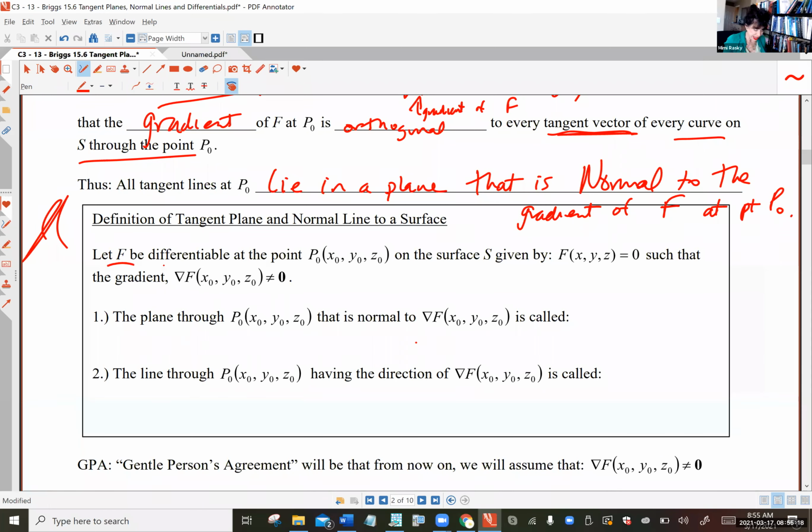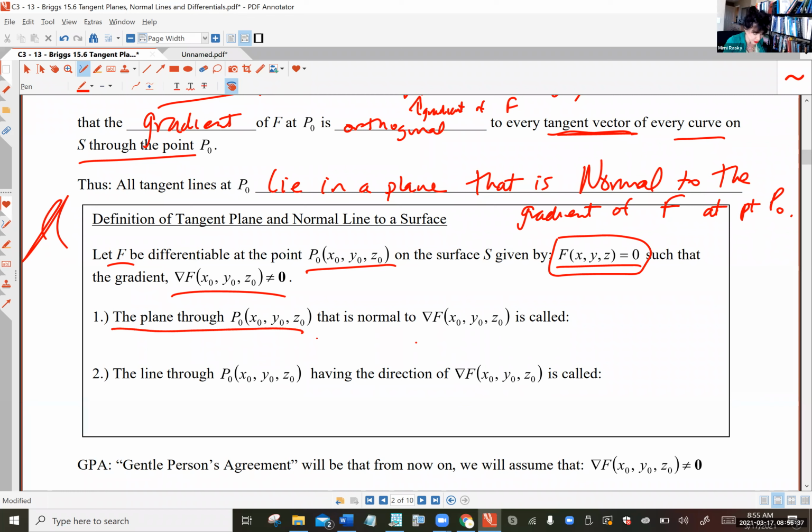So we've got big F, it's differentiable, and keep in mind that big F is part of this general representation of your surface, where big F is set equal to 0. Let's say it's differentiable at this point that's on the surface, and the gradient is a non-zero vector, because that would be bad.